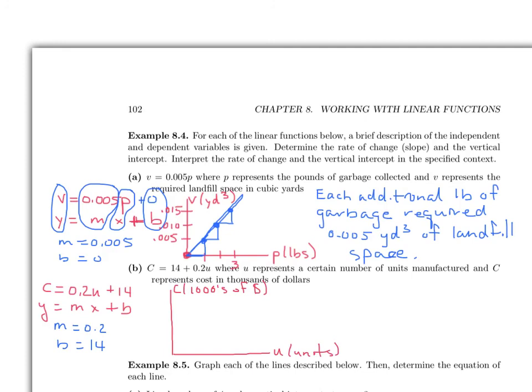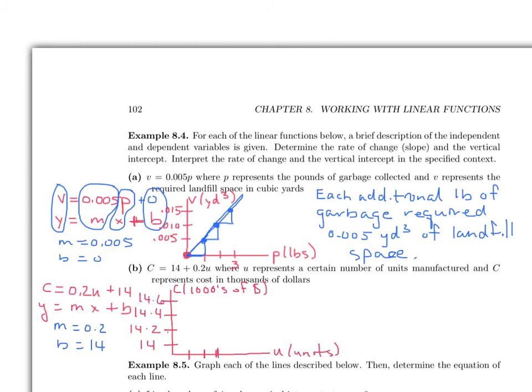And let's mark some tick marks on here. This will be 1 unit, 2 units, 3 units. And I'm going to declare this to be 14, and I'm going to go up in steps of 0.2. So the next tick mark is 14.2, the next one is 14.4, and the next one is 14.6.